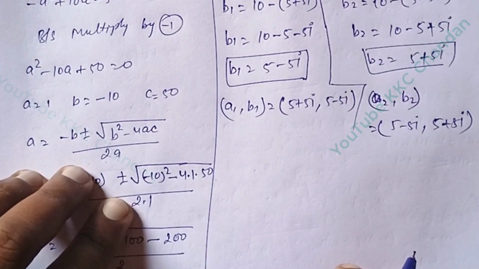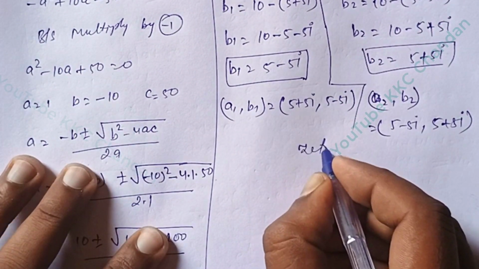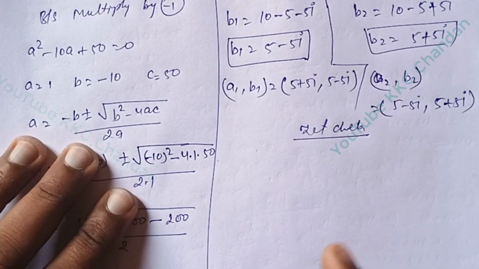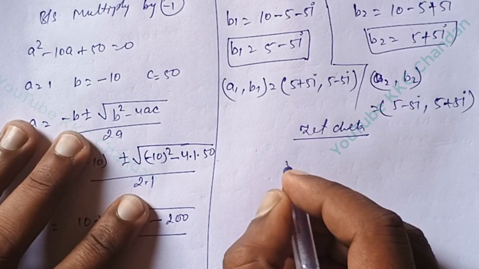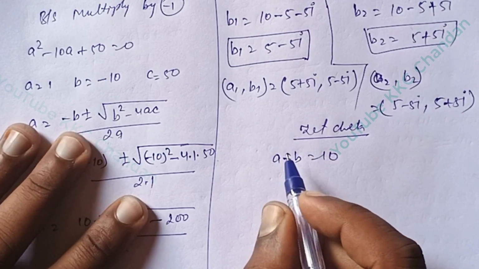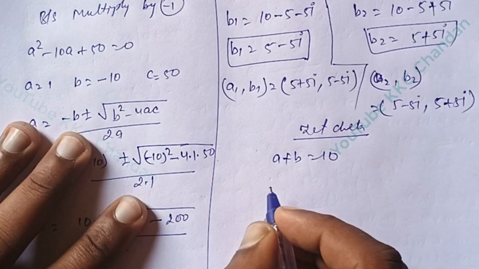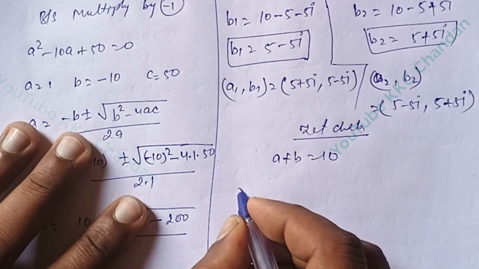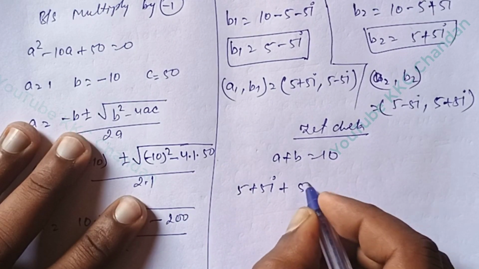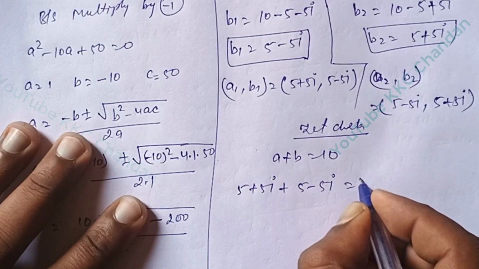Next step, let's check whether these values are correct or not. According to the question, a plus b is equal to 10. The a value 5 plus 5i plus the b value 5 minus 5i is equal to 10?